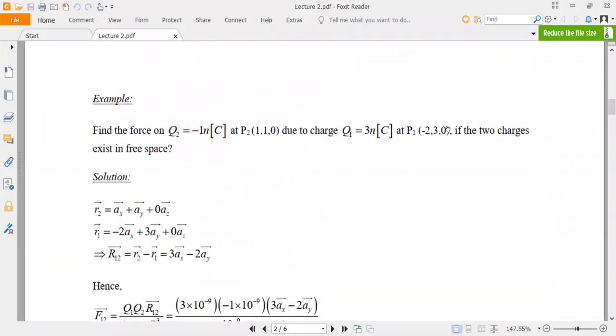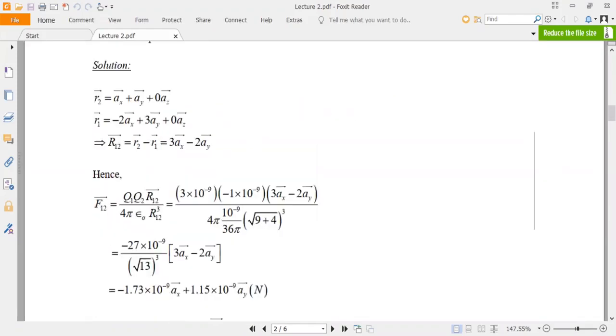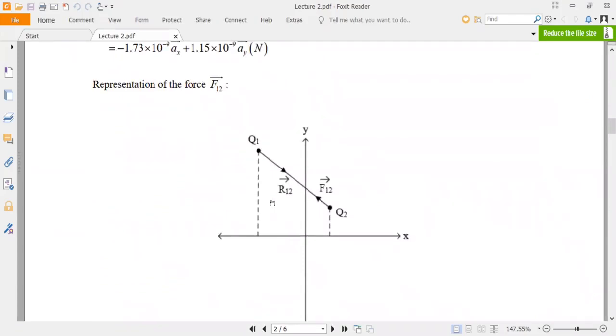The reason is Z is 0, so that's why it's just an XY plane, right? So you are just looking in the XY plane. Therefore, your Q1 is here at -2, 3, 0, and Q2 is at 1, 1, 0.